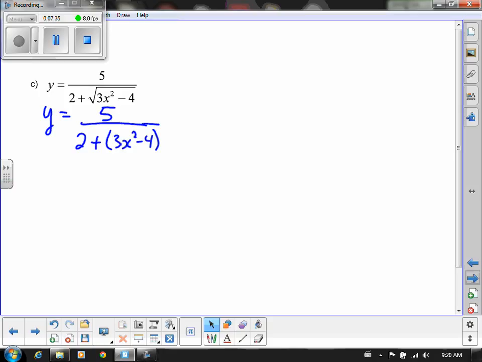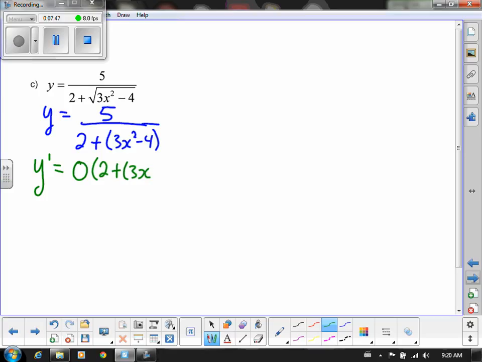So when I do the quotient rule, I have y prime equals the derivative of the numerator. So the derivative of 5 is 0 multiplied by the denominator minus the numerator, which is 5, times the derivative of the denominator. So we look at it, the first number we encounter in the denominator is 2, the derivative of 2 is 0. I just realized I forgot a 1/2 right here.